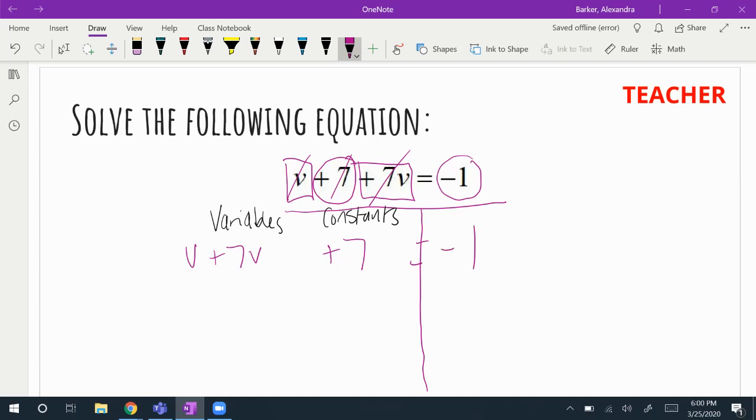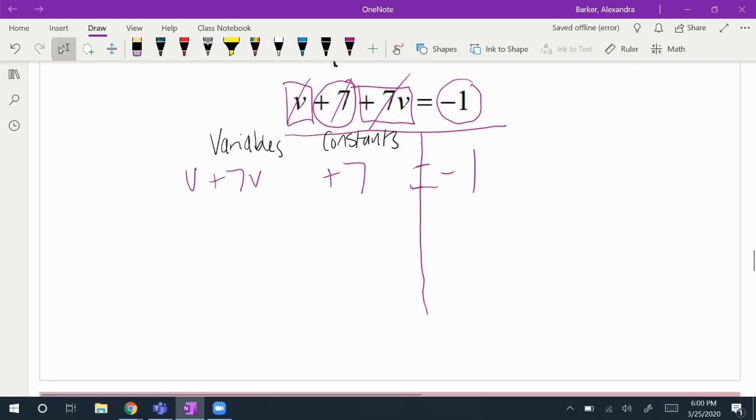So the only thing that I need to combine so far, because I'm not worrying about anything on this other side of the equal sign, are my variables. So I just need to do v plus 7v. Remember, there's an invisible 1 in front of here. So 1v plus 7v gives me 8v. So I'm left with 8v plus 7 is equal to -1.